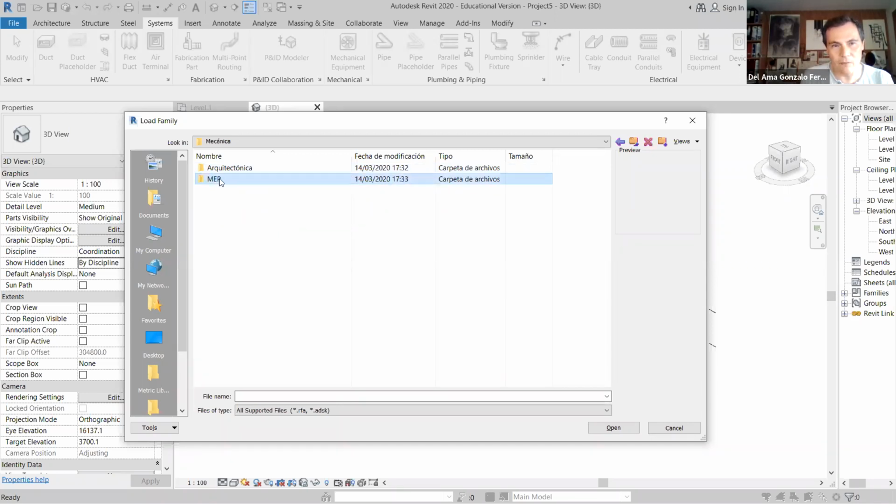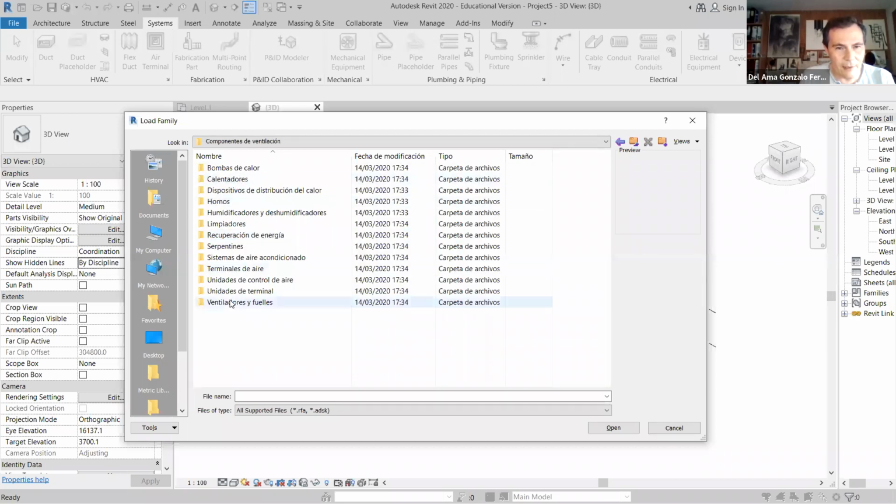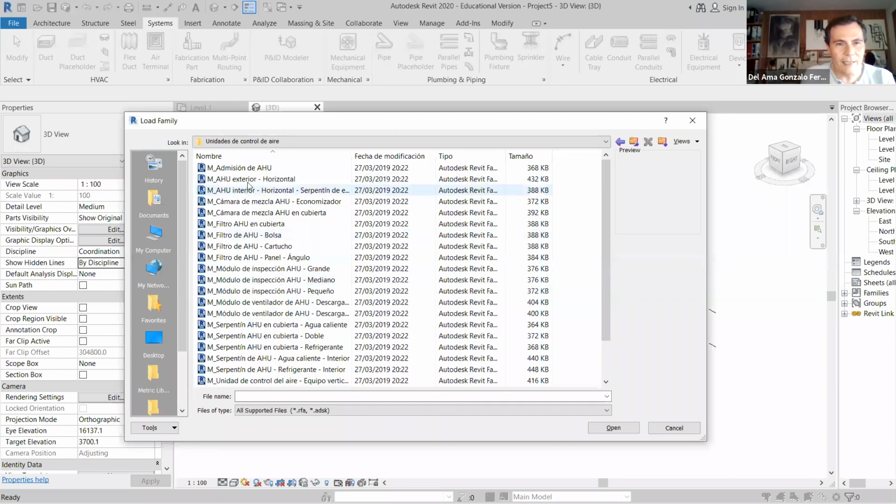Okay, so we open that folder, and we have a lot of things. These are ventilation things, and here we have air control units. So you have to type air control units, and here we have a lot of things. I recommend you click one of them, and then you can go over, and here you can see what kind of things they are.